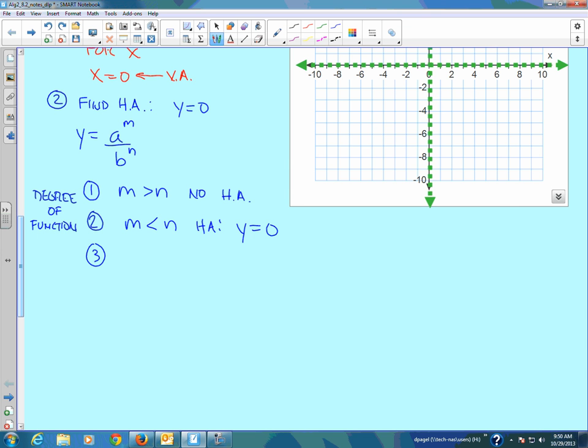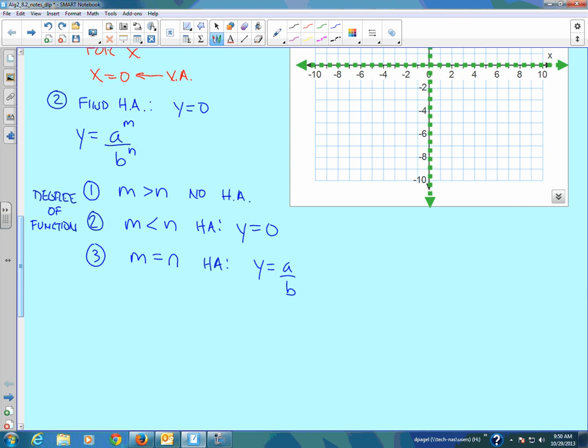And then let's finally look at, well, what if the degrees of the function in the numerator and the denominator are the same? So power of m equals power of n. In this case, your horizontal asymptote will be the ratio of your coefficients. So y would equal, for our example, a to the m over b to the n, our horizontal asymptote would be a over b.